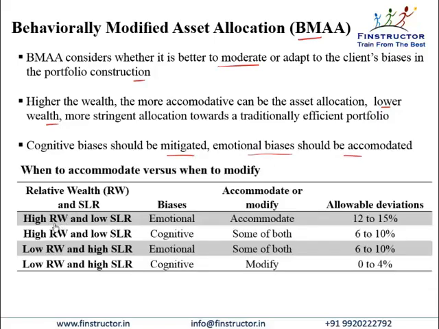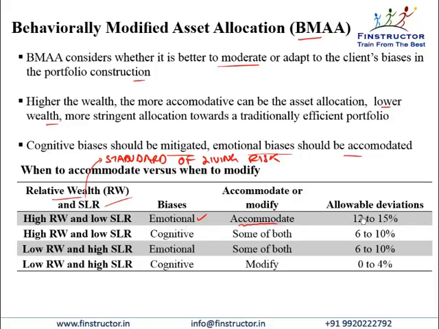So if an individual has high relative wealth and low SLR, SLR stands for standard of living risk, and the biases are primarily emotional in nature, then you have no option but to accommodate, because mitigating would be quite difficult.